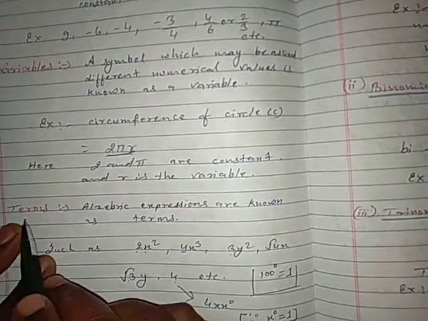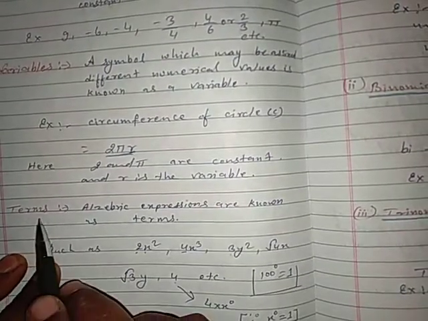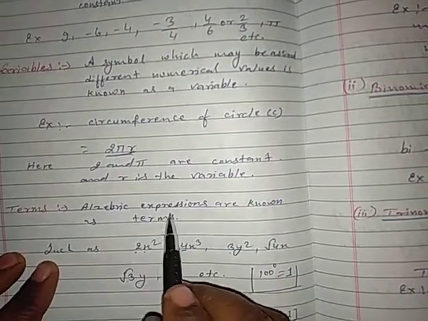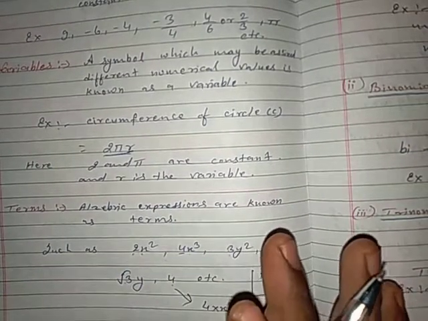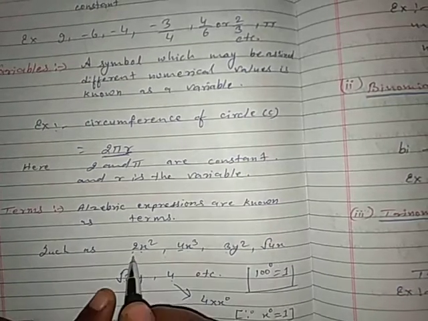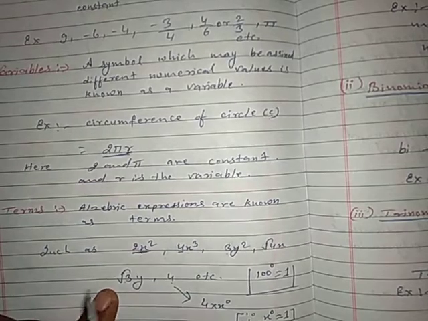Next point, terms. What is a term? Algebraic expressions are known as terms. An expression which has numerical values and variables, such as 2x square.